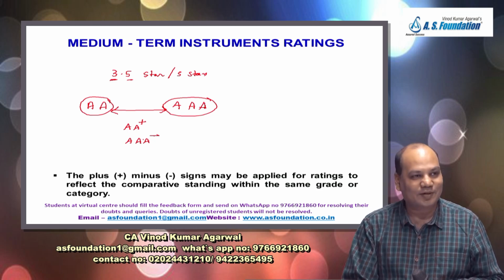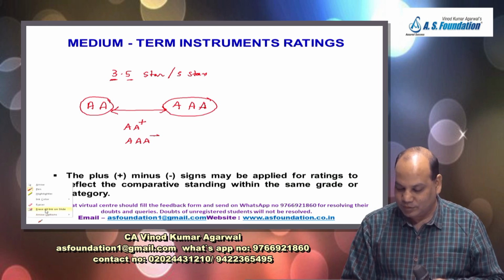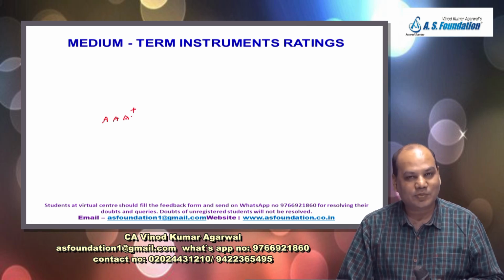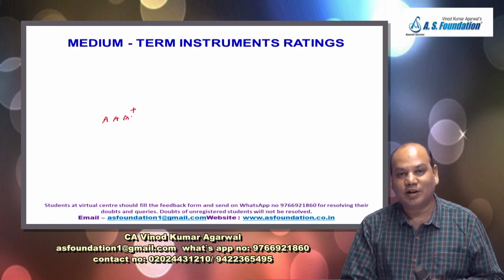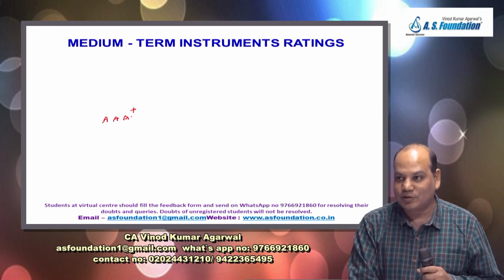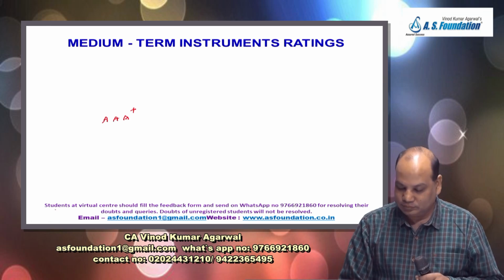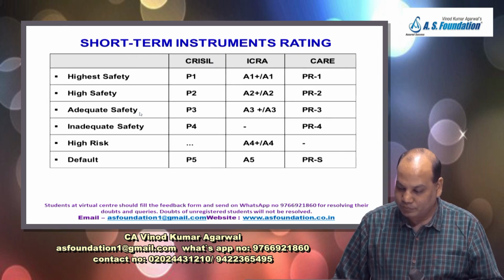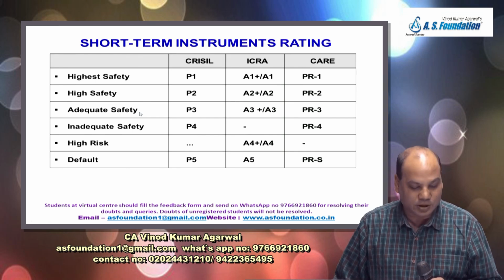So similarly here also, some companies also get AAA plus rating. AAA plus means it is even better than a AAA rated instrument also. Okay. So plus and minus sign may be applied to reflect the comparative standing within the same grade or category.